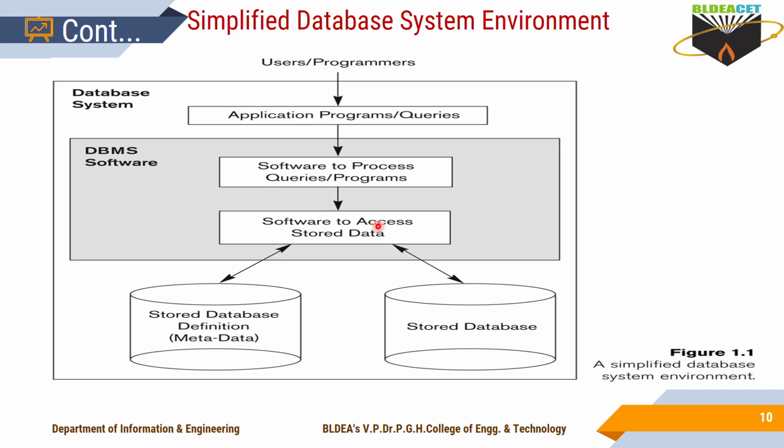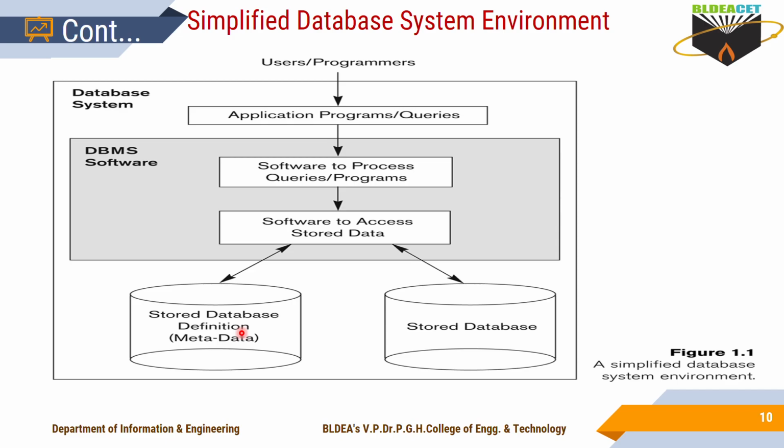Next, software to access the stored data. If it is a query to store the data or to retrieve the data, that is accessed by the software. The collection of these two we call the DBMS software. Now you are storing the data in two places. One is the stored database definition, where you just store the definitions of the data.